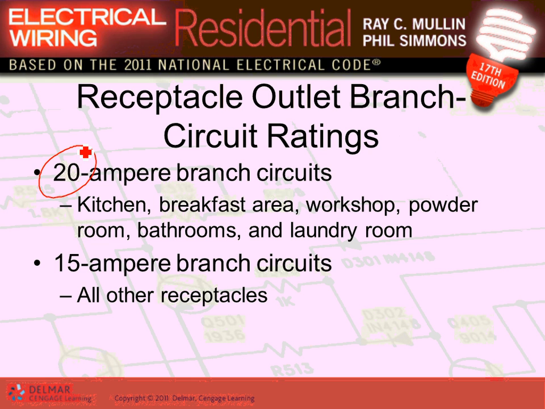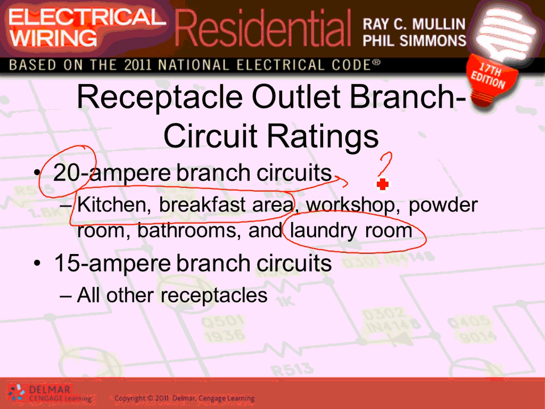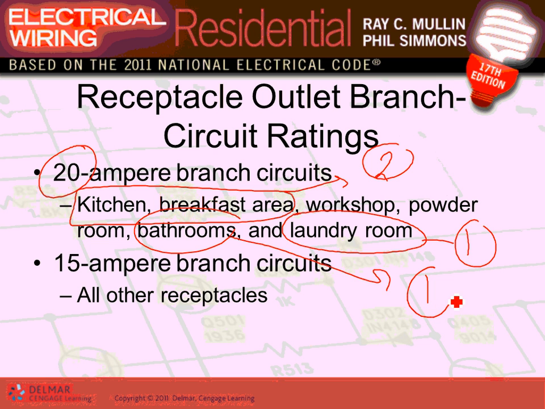The kitchen is 2, and you need 1 for the laundry. These are required, 1 for the bathroom. Workshop and powder room, you decided to put them there. But by code, you require 2 in the kitchen, 1 in the laundry room, and 1 in the bathroom.